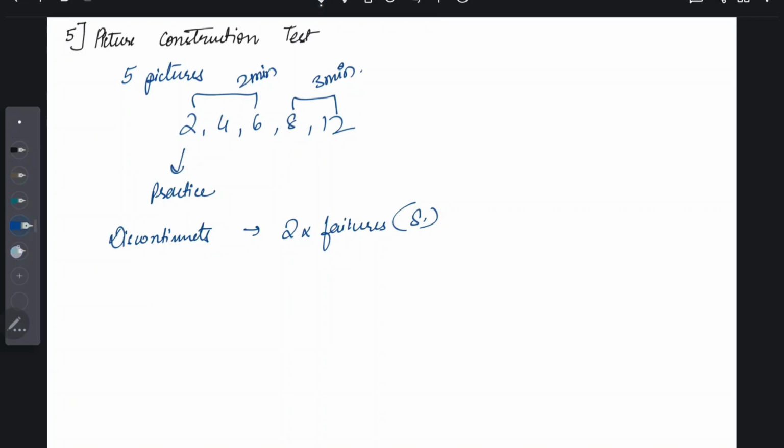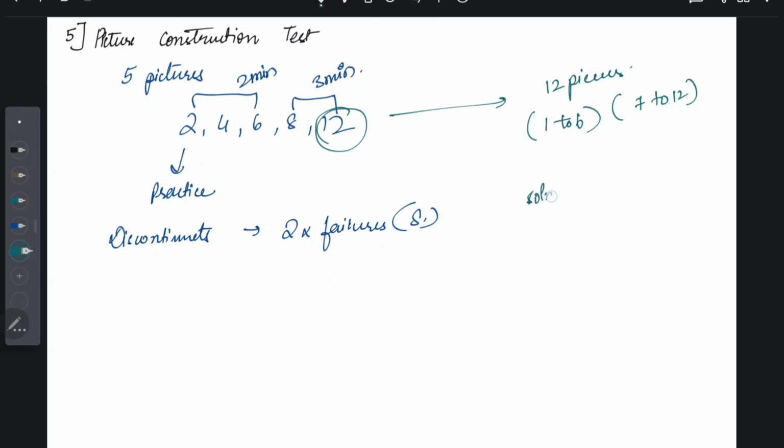So specifically when it comes to subtest 5, there are 12 pieces. You give 1 to 6 in one stack, and then 7 to 12 in another stack. And the solutions are given in the manual. Now let's look at the scoring.